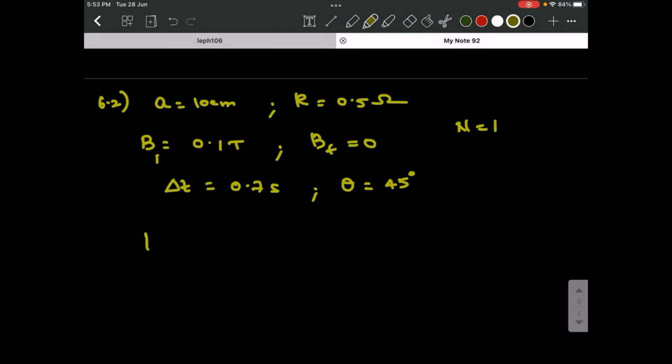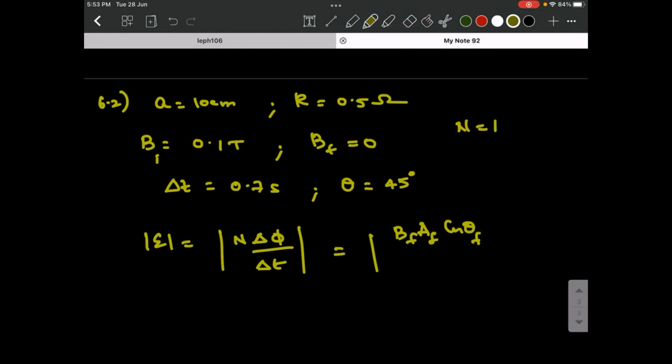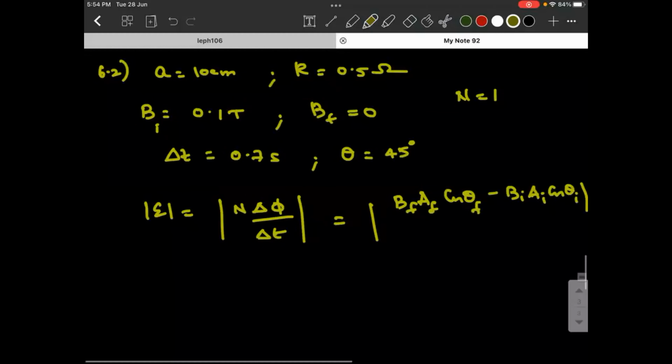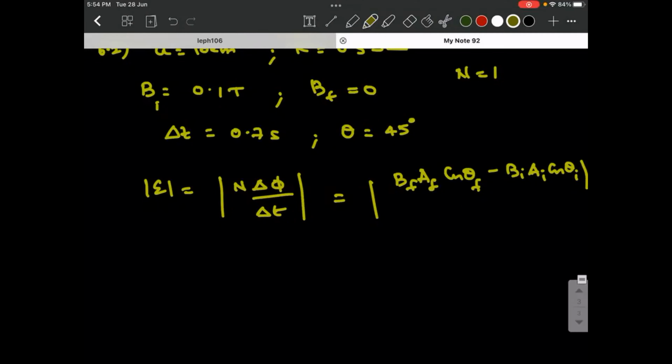Now, we need to find the magnitude of the induced EMF, which is equal to the magnitude of n into delta phi divided by delta t. N is 1. Delta phi is how much? B final into A final into cos theta final minus B initial into A initial into cos theta initial, divided by delta t.